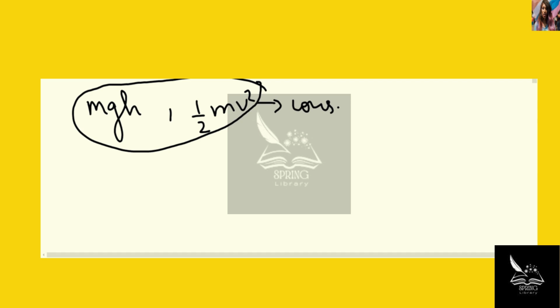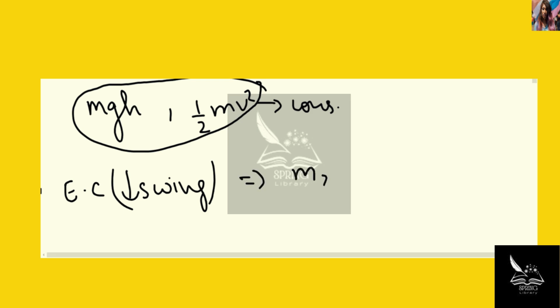Therefore, the energy conservation during the downward swing can be written as m2 g h0 equal to half m2 v squared.